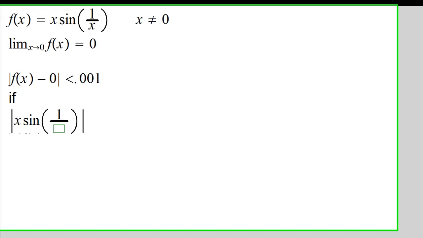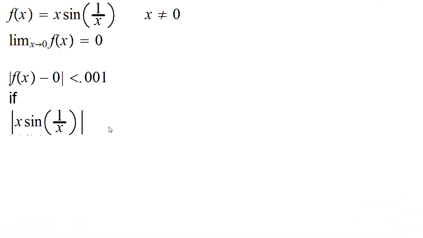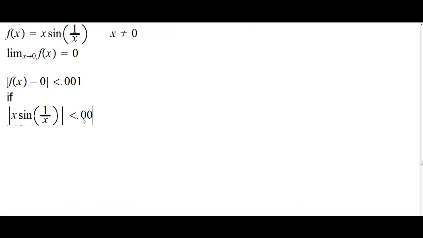So we have f(x) = x sin(1/x), and of course I already subtracted 0. Now we will do a little analysis. Notice this: sine of 1 over x, or sine of any quantity, is always less than or equal to 1.